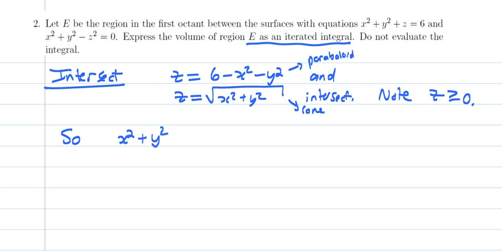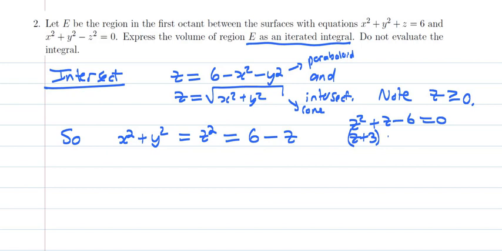x squared plus y squared, that is equal to z squared from the second equation. And from the first equation, we see it's 6 minus z. So if they intersect, z squared must equal 6 minus z. So that means that we're going to have z squared plus z minus 6 equal to 0. Yes, you can use the quadratic formula, but I'm going to factorize this.